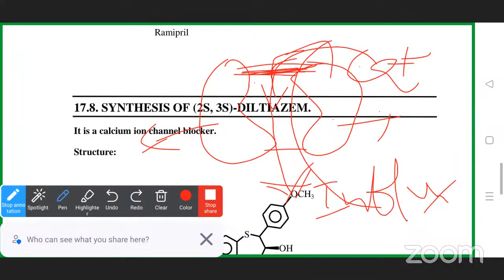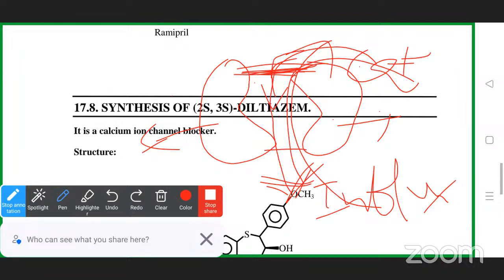So in that case, what happens here? More influx of calcium ions will take place. If more calcium ions are entering inside, they will over stimulate your heart muscles. If the concentration of calcium ion is increasing, then more activation of your smooth muscles takes place.